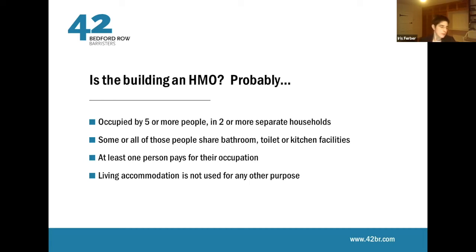So what else is there to say about HMOs? It's a complicated area. We could do a webinar about property guardians and HMOs and fill an hour just about the issues that come out of HMO licensing law and guardianship.